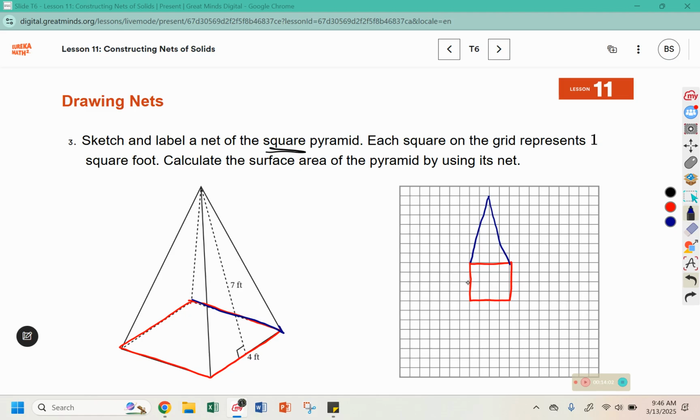And then we'll also have a triangle coming off of this side. So 1, 2, 3, 4, 5, 6, 7. And this direction.